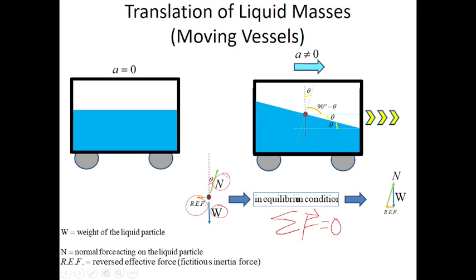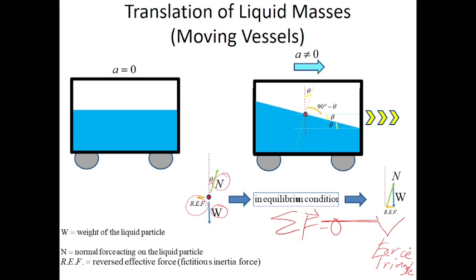The tail of the normal force is connected to the head of the reverse effective force. This is now what we call a force triangle because there are only three forces involved, so that they form a triangle.